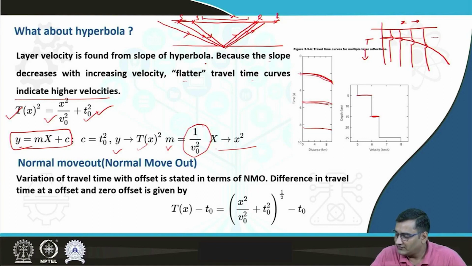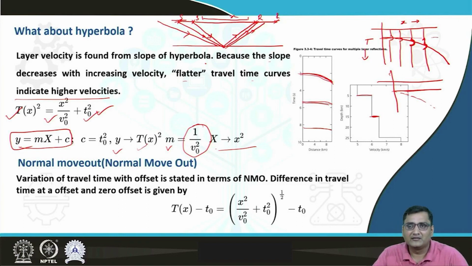You want to make this particular event correspond to the zero offset event. Likewise, you bring this event here to the zero offset event. All the events in your reflection data should correspond to the zero offset distance. Finally, when the entire hyperbola becomes flat, instead of a hyperbola your event will be a flat line. Then when you stack them together, we will have a better signal to noise ratio.